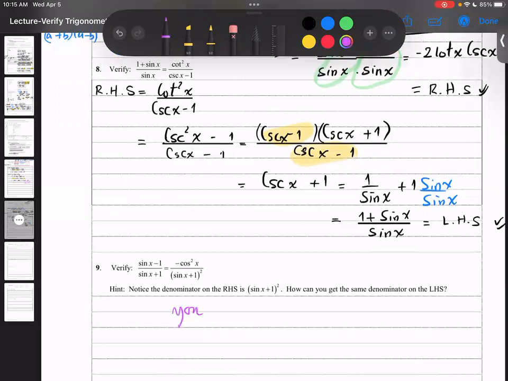Number 9 is your u try 2. Use the hint they tell you, use the hint.